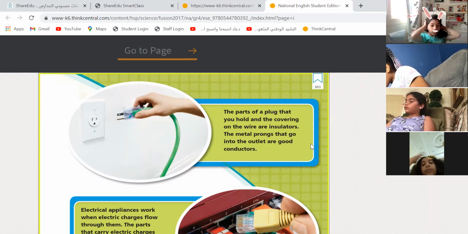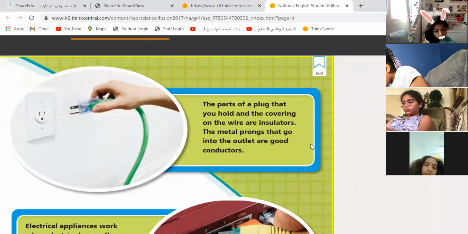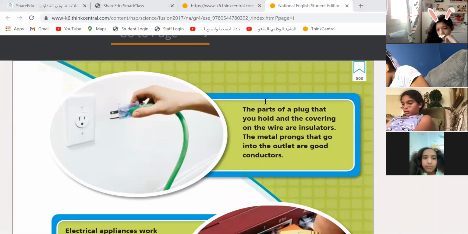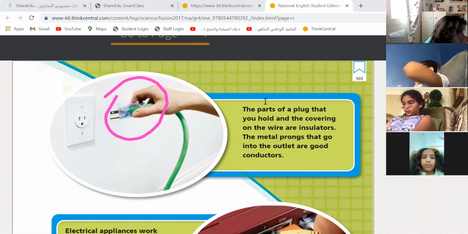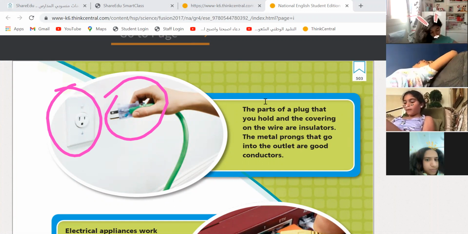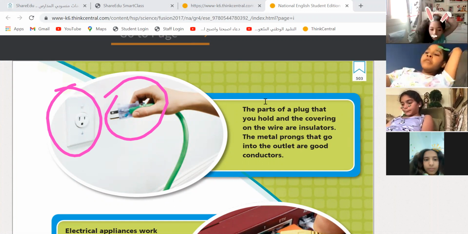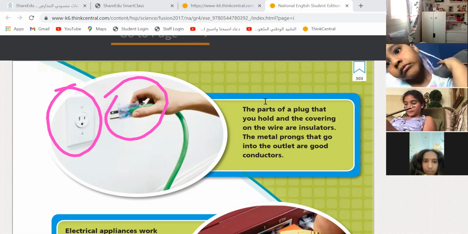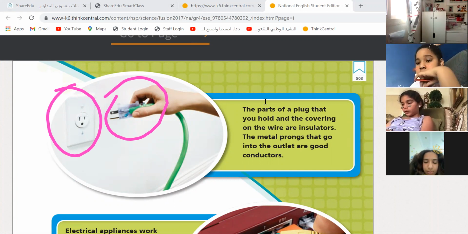Now take a look at this picture. If you have a lamp and you need to turn it on, you need to plug this part inside this part. So the part of the plug that you hold and the covering of the wire, what do we call them?